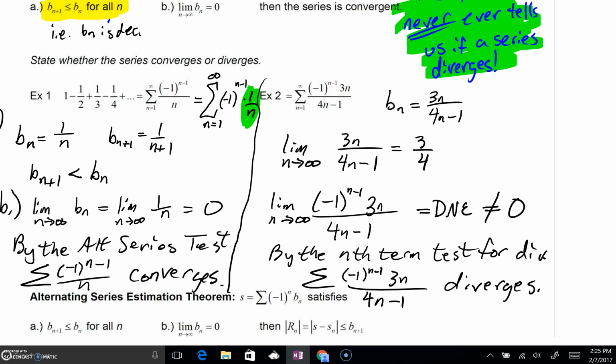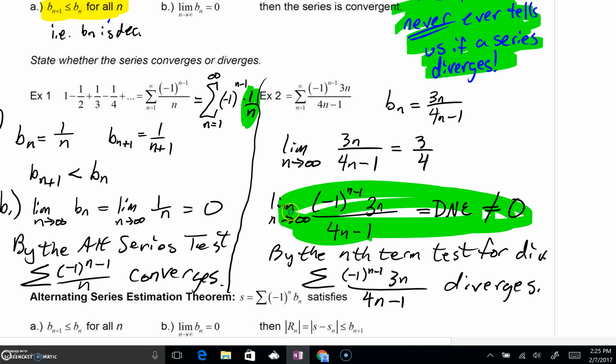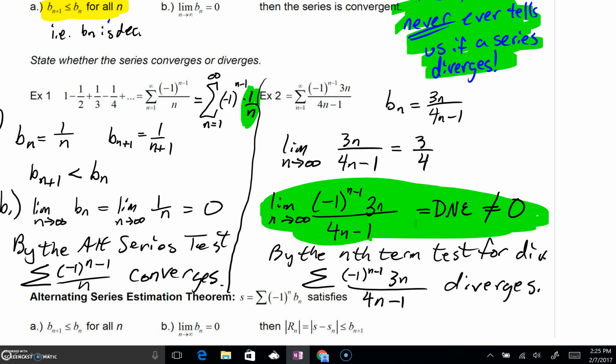But you're going to have to come back and do this little bit of an extra step right here and say, look, what I'm seeing actually is throw that negative 1 to a power in, and that limit won't exist. It's bouncing around too much. More to the point, that limit doesn't go to 0. And anytime an nth term doesn't go to 0, that series diverges. Okay? So that's the official way to show divergence on section 12.5.